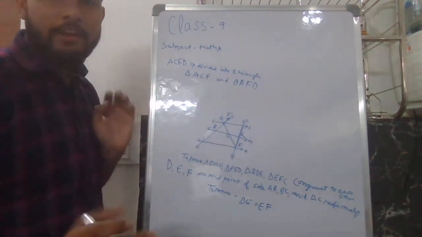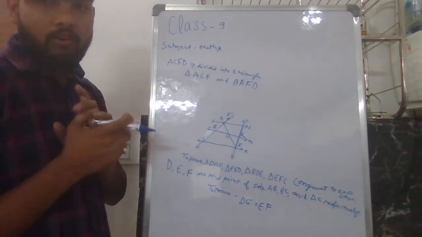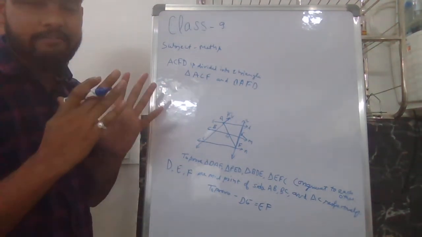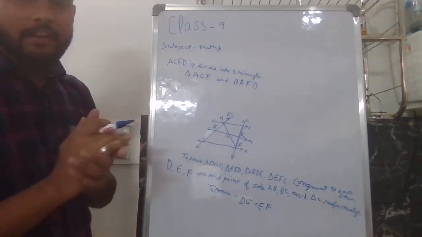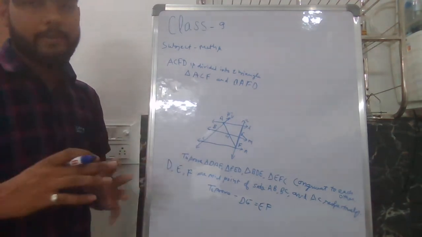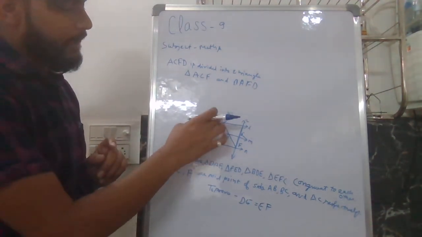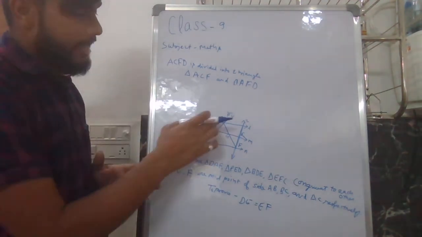Now in triangle AFD we can apply the same argument as G is the midpoint of AG. So GE is parallel to AD.